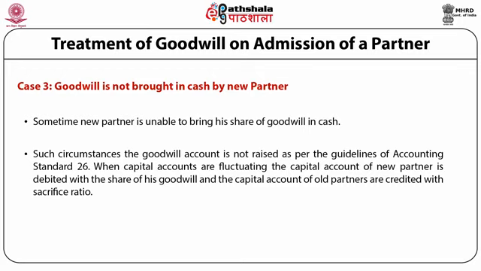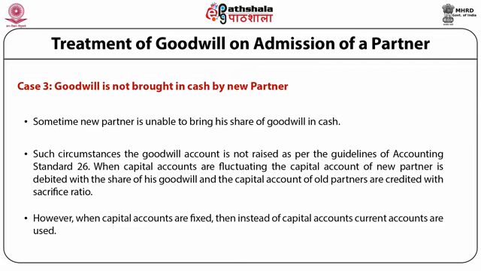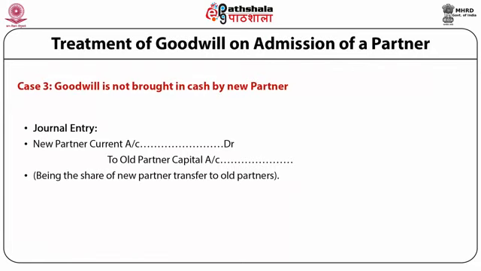When capital accounts are fluctuating, the capital account of the new partner is debited with the share of his goodwill and the capital accounts of the old partners are credited in the sacrifice ratio. However, when capital accounts are fixed, then instead of capital accounts, current accounts are opened or used. The journal entry will be new partner's current account debited to old partners' current or capital accounts.